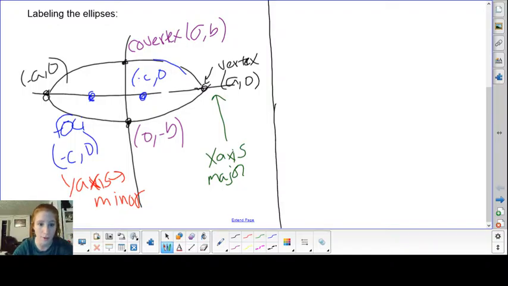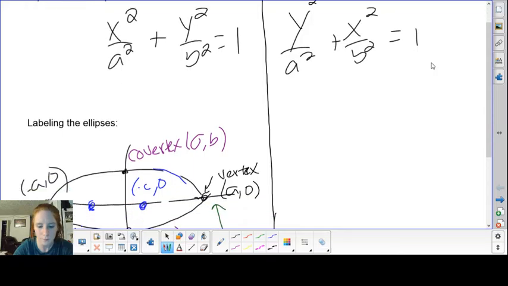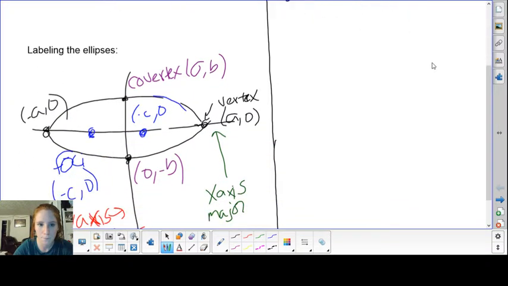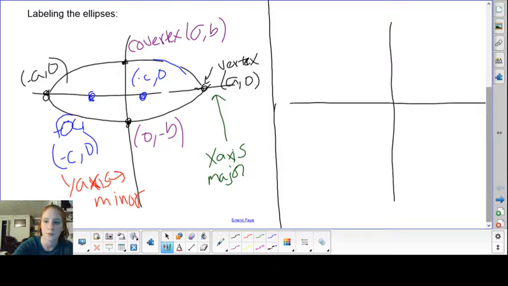Conversely, I can have y squared over a squared plus x squared over b squared is 1. Instead of being left to right, we're going to be up and down.